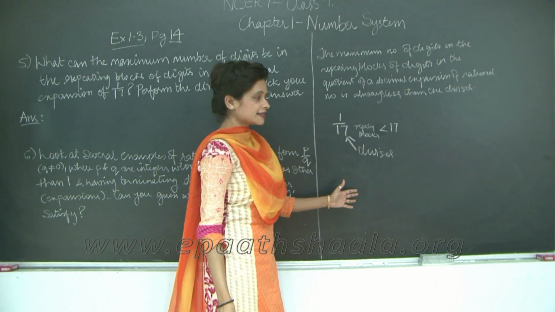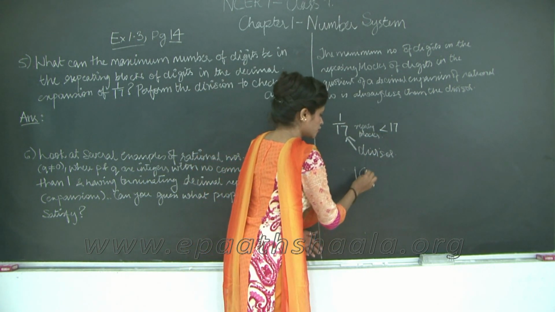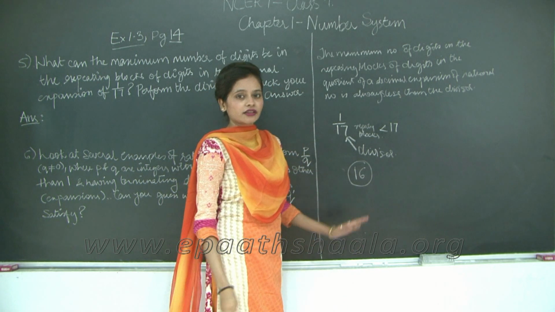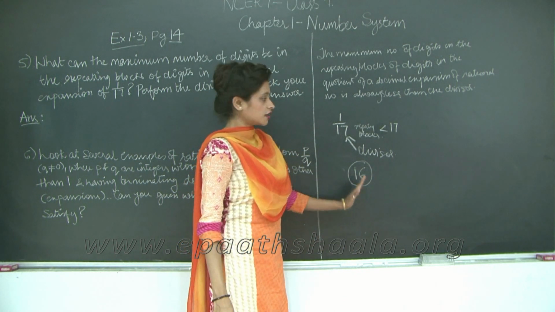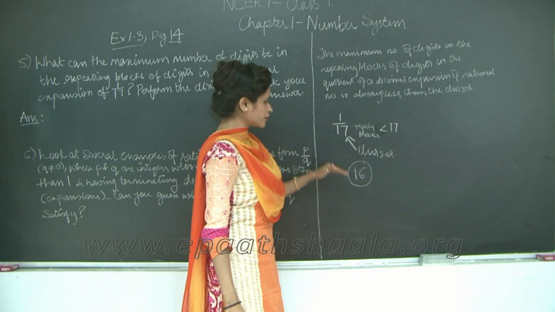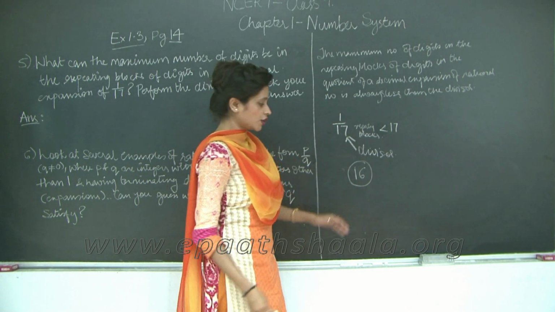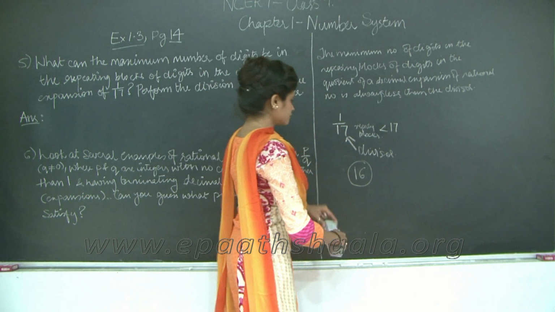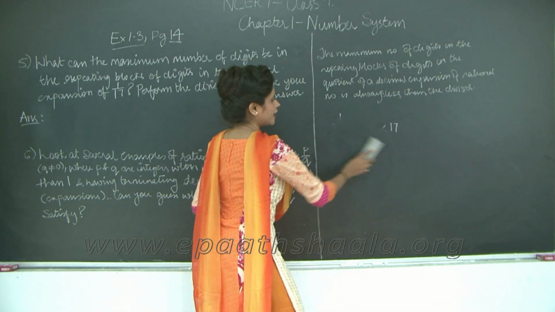So one number less than 17 is 16. So we need to check whether the repeating blocks in the quotient of this fraction is going to give me 16 or less than that. Okay? So let us go ahead and verify.